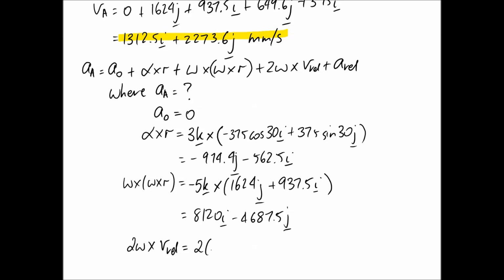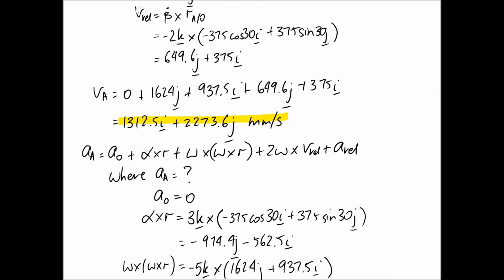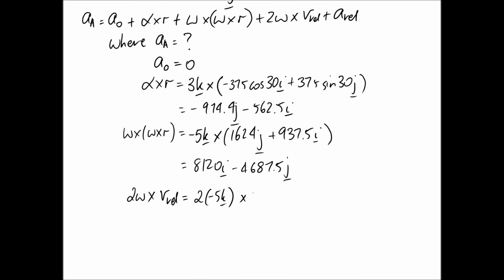So 2 and omega was negative k is fine. And vrel we should have worked out as part of the velocity analysis above. So before we simplified vrel to be this expression here, so we're just going to put that in. And when we simplify this, it becomes that there.